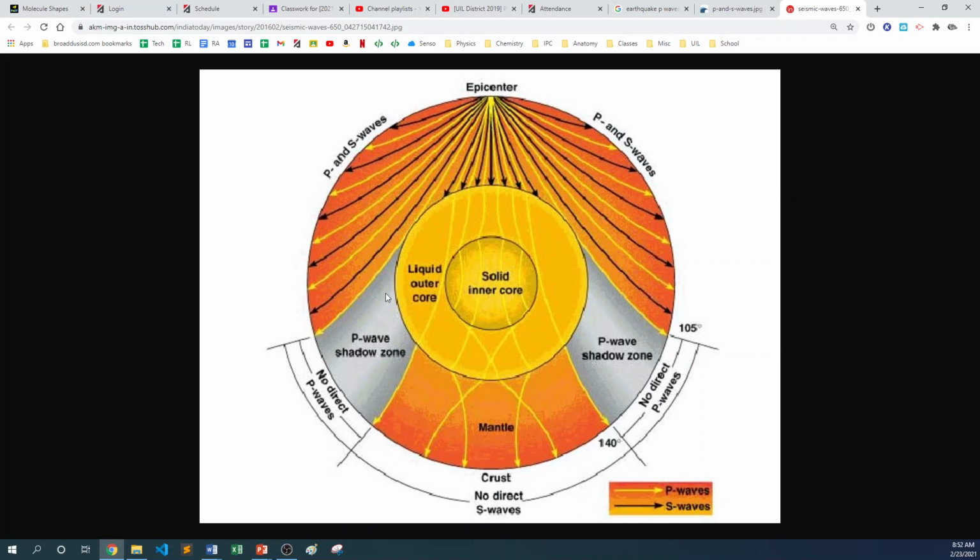But we were able to very accurately map out the inside of the Earth just by feeling the earthquakes and how they travel throughout the Earth. We can find the shadow region where no P waves are detected. And we can see where the S wave traveled and bent through the liquid.